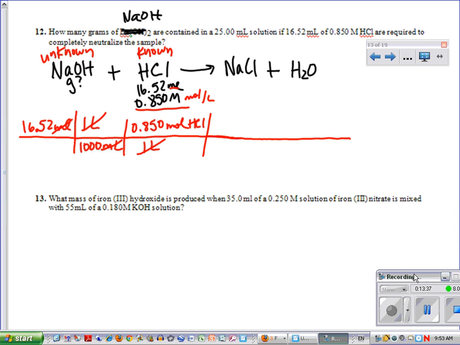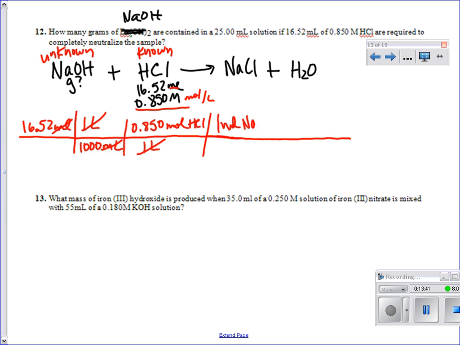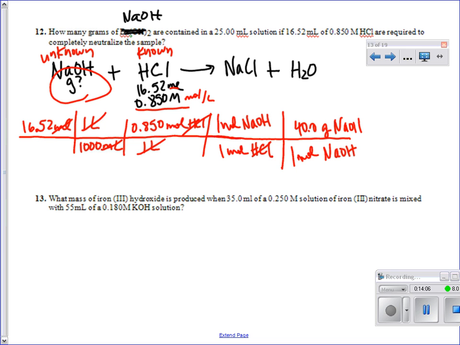So for every 1 mole of NaOH, I have 1 mole of HCl. Those cancel. Okay, now I am in moles of NaOH. What am I looking for? Find what I need. For every 1 mole of NaOH, I have about 40.0 grams of NaOH.